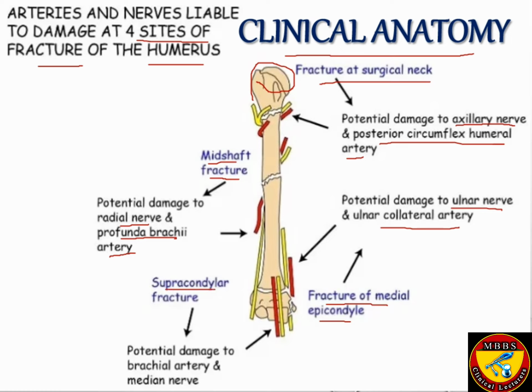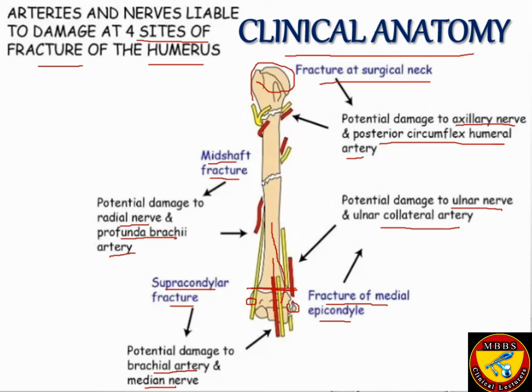Fourth is the supracondylar fracture. This is the lateral condyle, this is the medial condyle, this is the supracondylar part. If a supracondylar fracture occurs, which is most common in children because this part is weaker and thinner in children, there is potential damage to the brachial artery and median nerve because they cross anterior to this supracondylar part.